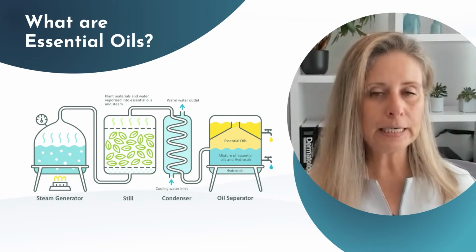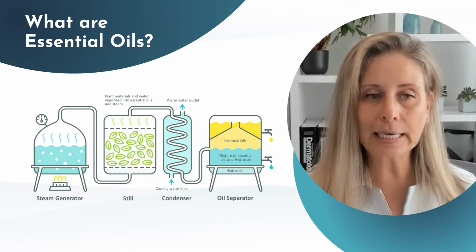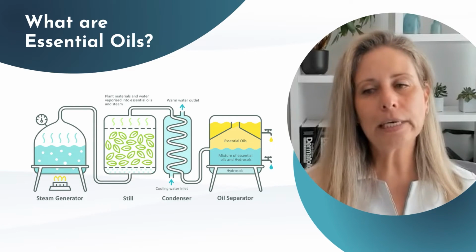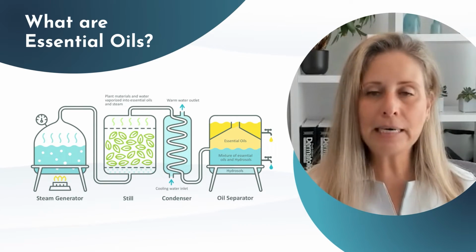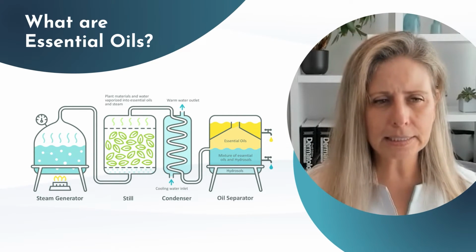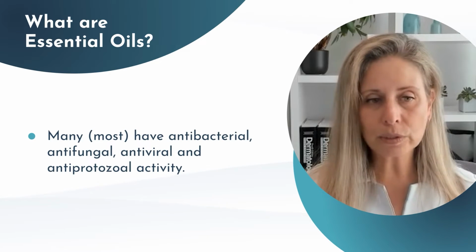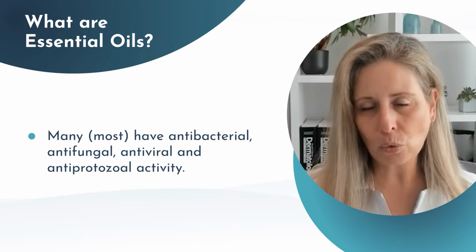And it's really a concentrated, potent part of the plant's secondary metabolites. And each essential oil, just like lavender essential oil, can contain many, sometimes hundreds of distinct natural chemicals. So they're very complex substances. Most essential oils have a wide spectrum of antimicrobial effects.